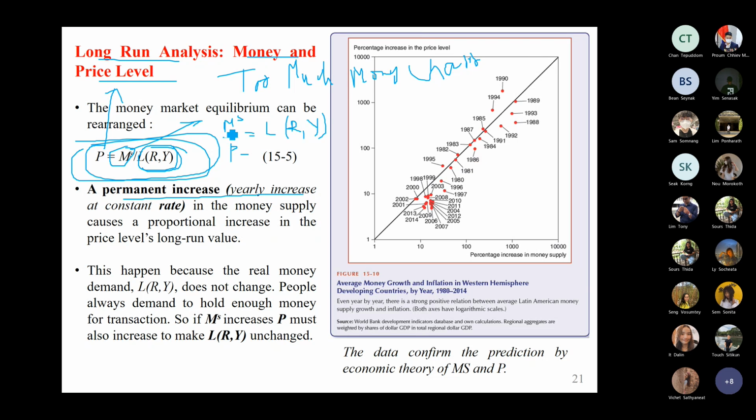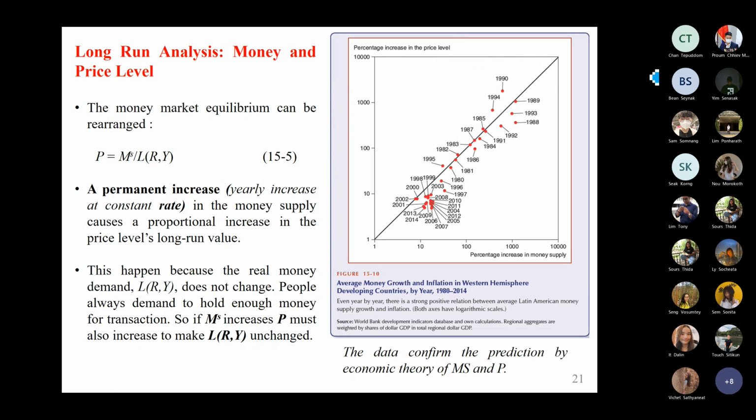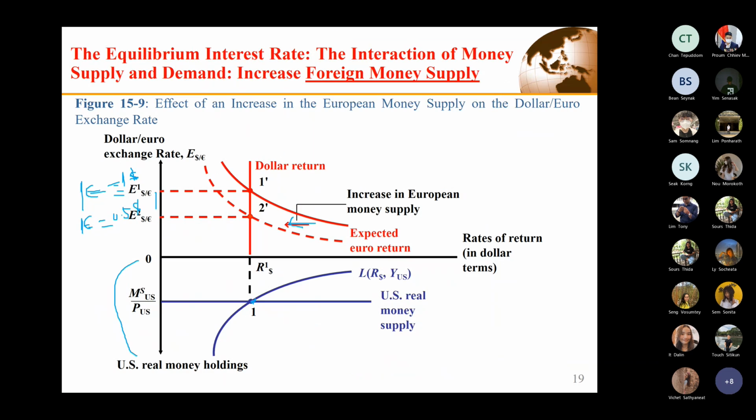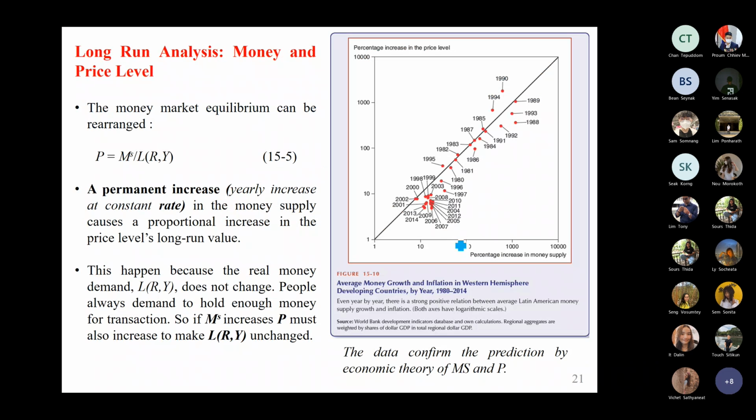So the graph on the left hand side is the empirical evidence that they did for developing countries from 1980 to 2014. Here we have the percentage of money supply increase, and on the vertical axis we put the increase in price, or you can call it the CPI, or the inflation.